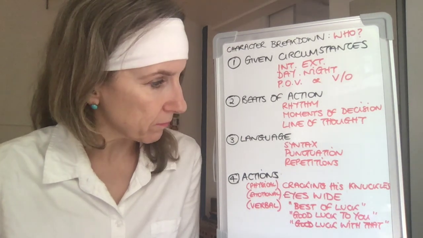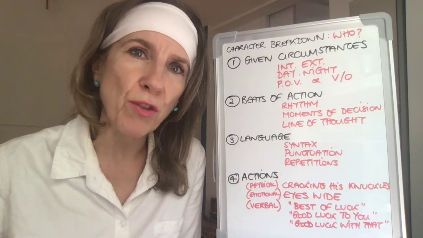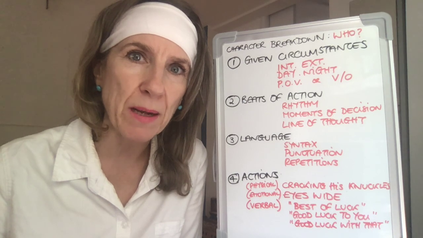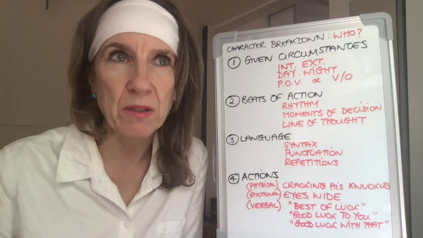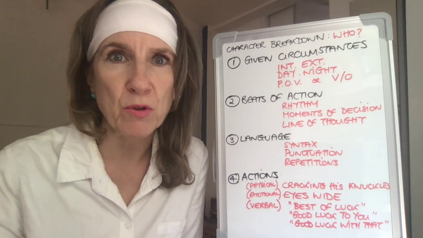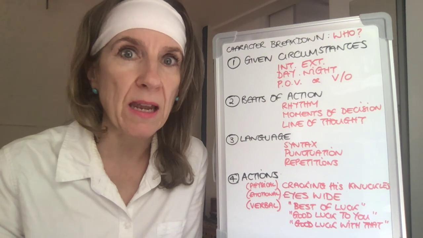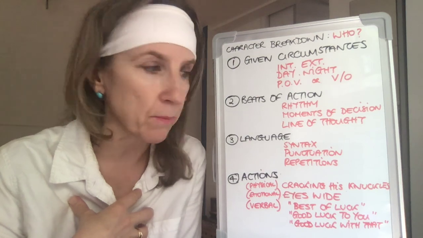Now, for your self-tape, you don't necessarily need to be doing all these specifics, but again, they're going to give you an idea. Cracking his knuckles tells you something about the person. Putting the silverware in the drawer tells you something else about the person. I want to see what the clues are that the scriptwriter has put that's going to say something about the atmosphere of the scene, because my aim is to learn these lines as swiftly and as embodiedly as I can.